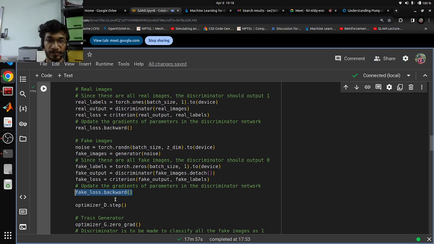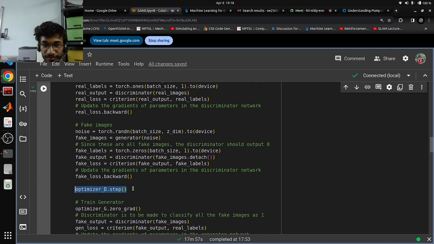Okay. So then we step in the direction of the reducing gradients. So here we are optimizing our discriminator. The discriminator is not handling AG, BG specifically. It is handling some parameters.